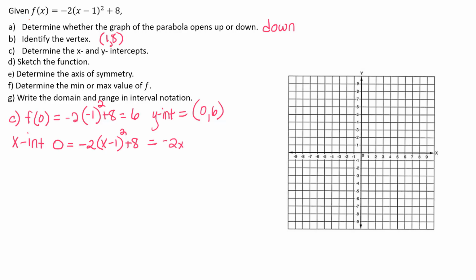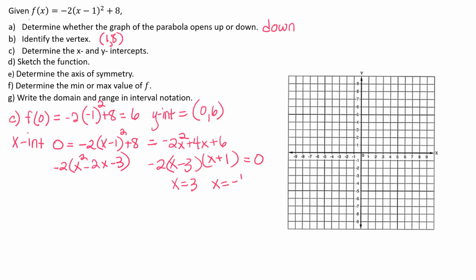And then you're going to have to multiply all that out, and then factor it so that you can solve it. And so you can see that x is going to be 3 or -1. And so the x-intercepts are going to be (3, 0) and (-1, 0).